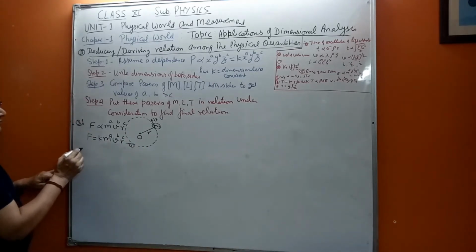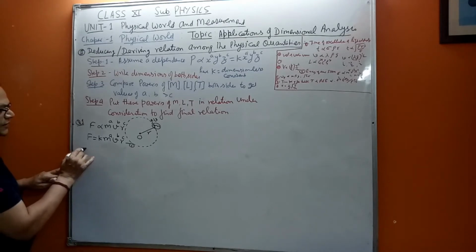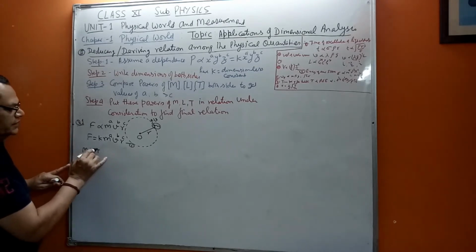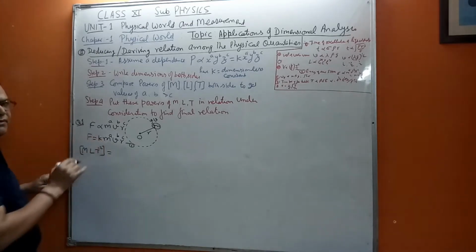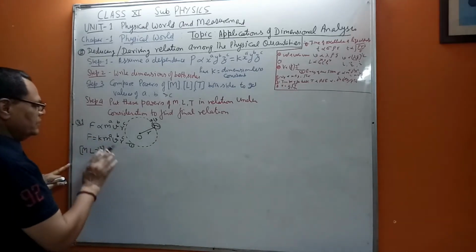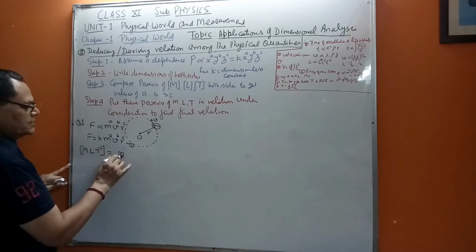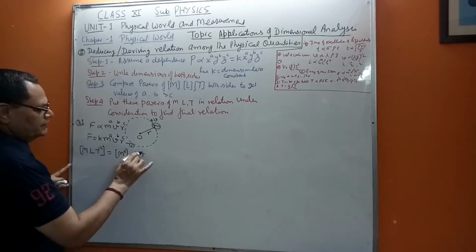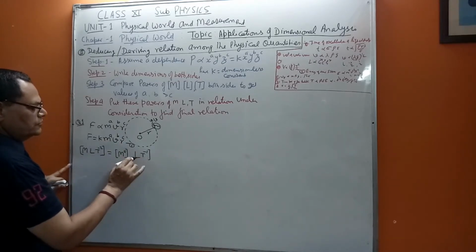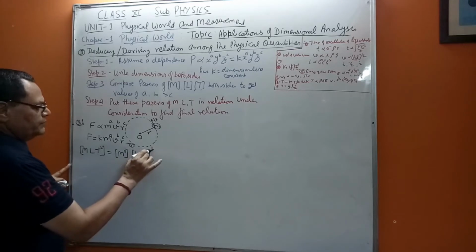What is the dimensional formula of F? We have written already MLT to the power minus 2. K, being dimensionless, doesn't have any dimension. Now the mass is capital M, raised to power a. Velocity is LT to the power minus 1, raised to the power b.